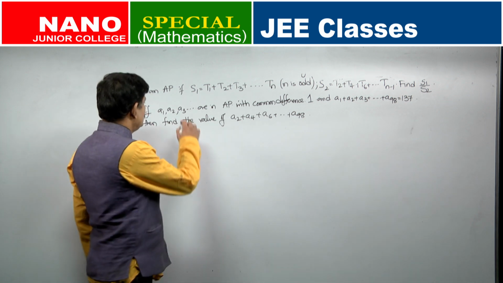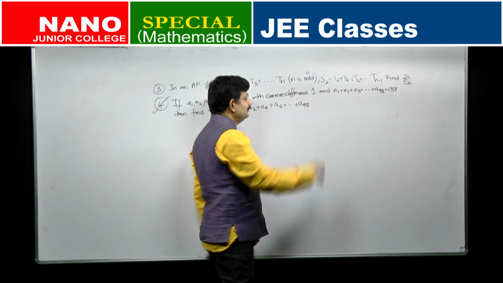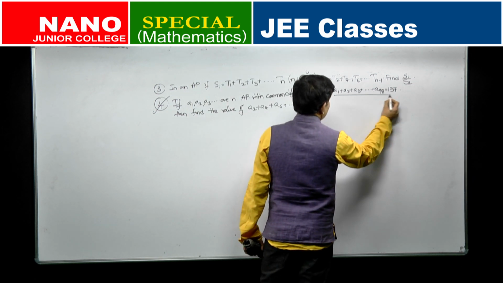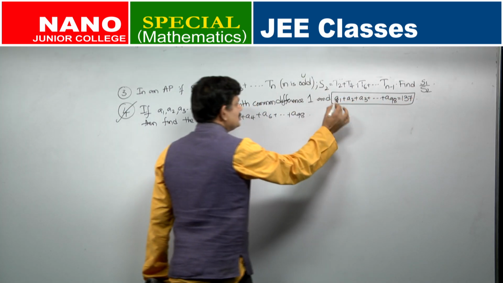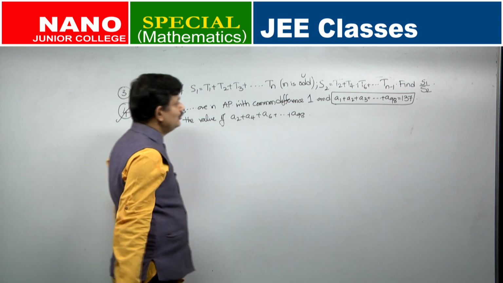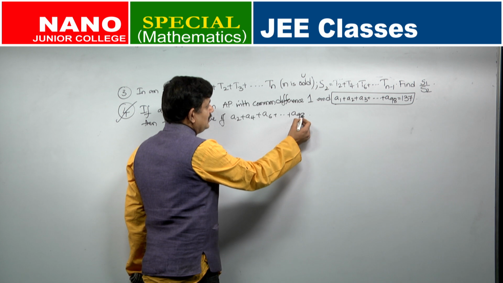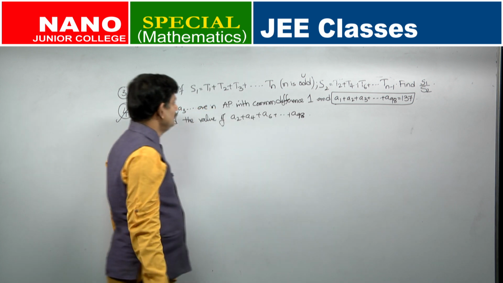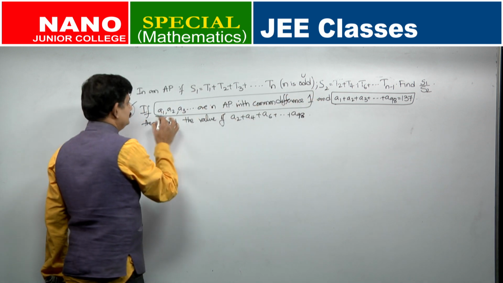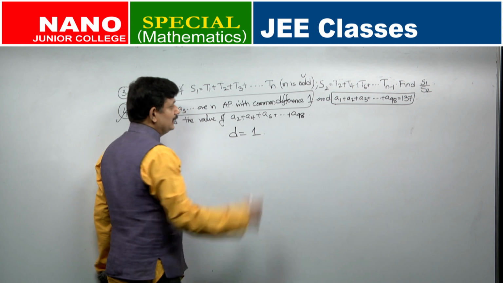If A1, A2, A3 and so on are in AP with common difference 1, and A1 plus A2 plus A3 and so on up to A98 is 137, then find the value of A2 plus A4 plus A6 and so on up to A98. What is given? This is an AP whose common difference D is equal to 1.